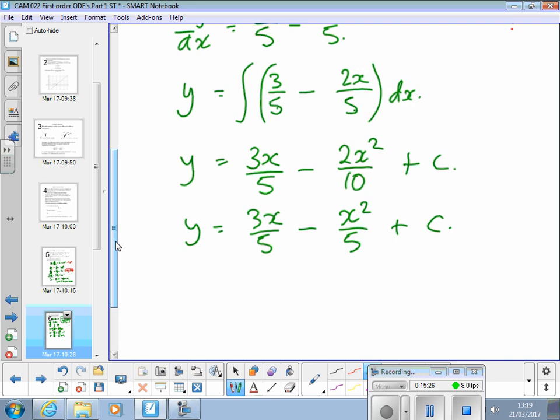So now what we have to do is put our boundary conditions in. 1 and 2/5 is equal to 3 times 2 over 5 minus 2 squared over 5 plus c.